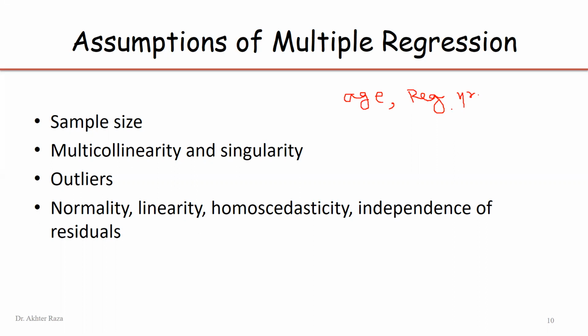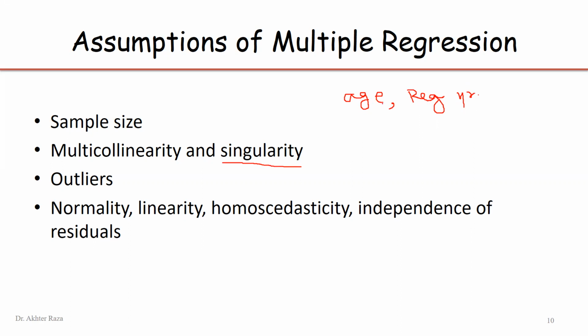If I subtract the registration year from the current year, the age of the car will be determined. So if we keep both of these variables in the model, that will cause an issue, and that issue is referred to as singularity. So we have to avoid such issues. Multicollinearity we have to avoid, and singularity we have to avoid.